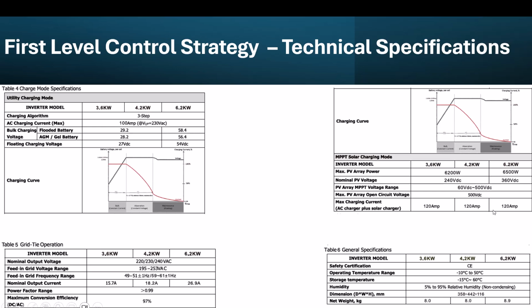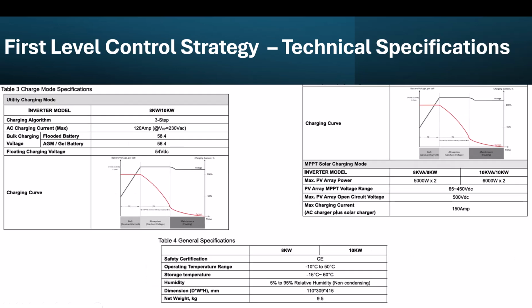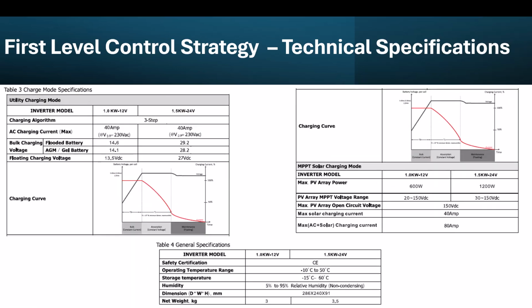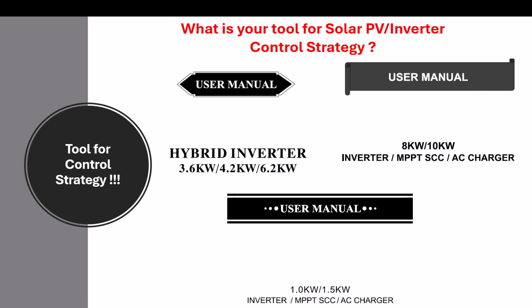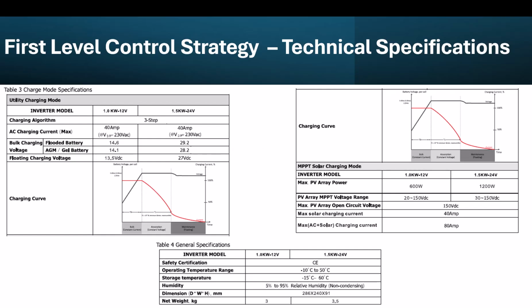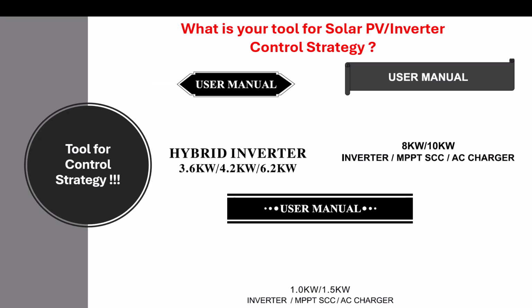So what we are saying is that you should spend some time with the user manual, because it gives you your first level control strategy when you look at the technical specification and all the controls you are going to implement.